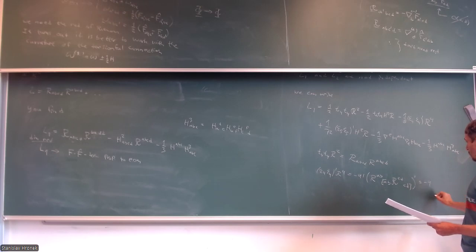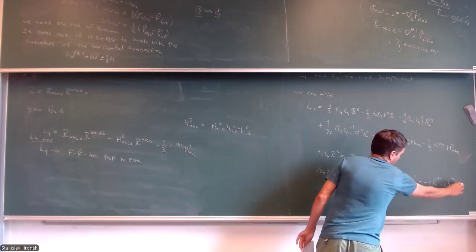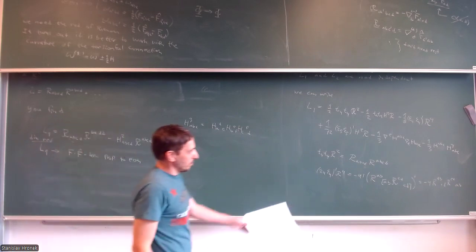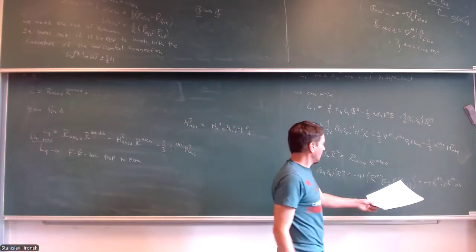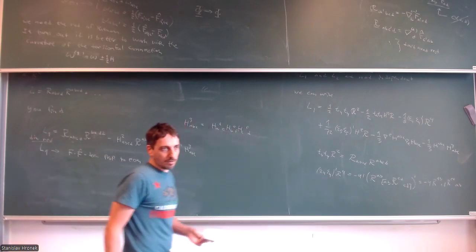So this is actually just minus 4 R AB, CD, R CB, AB. Not really the same as this, except it's sort of similar. So here it's not really useful to introduce this because it's not independent from the other terms. But it turns out that things like this appear at higher order all the time.